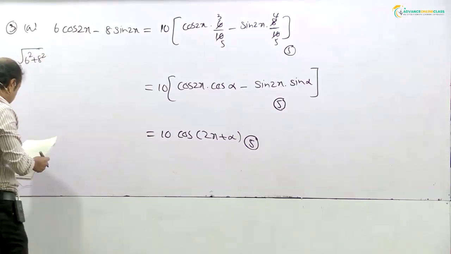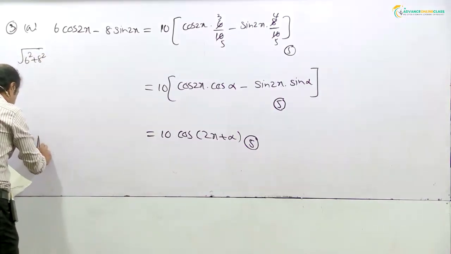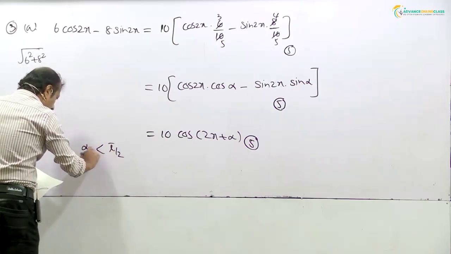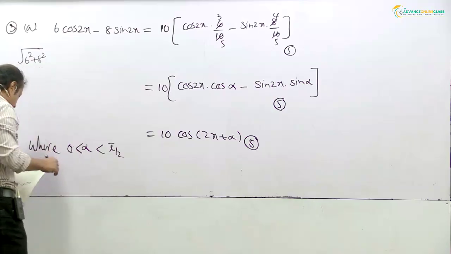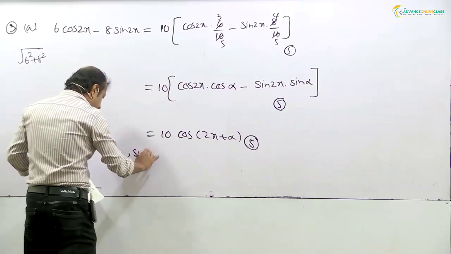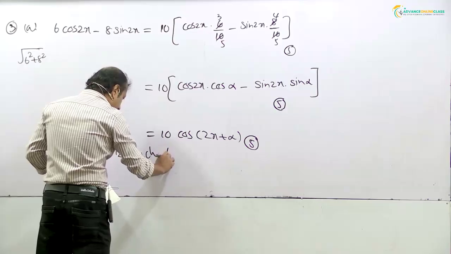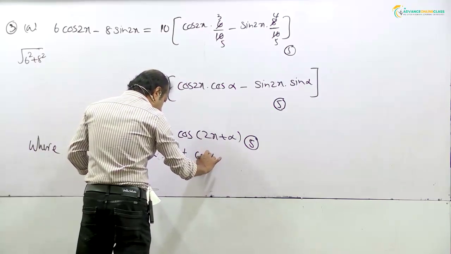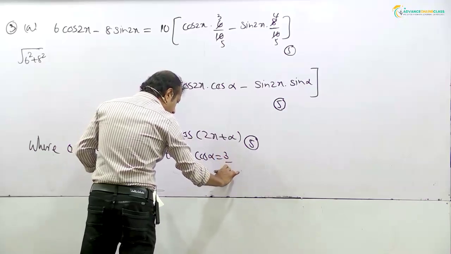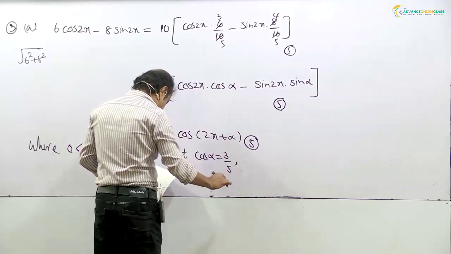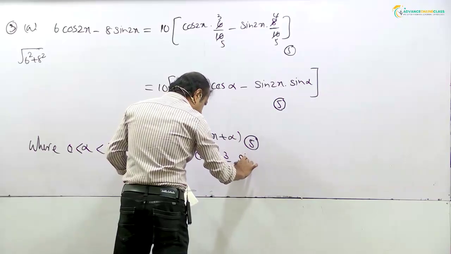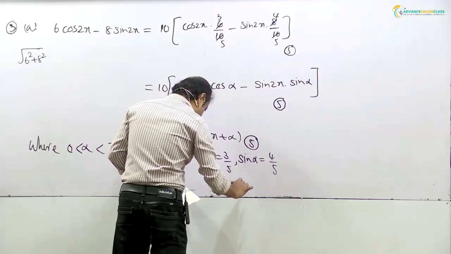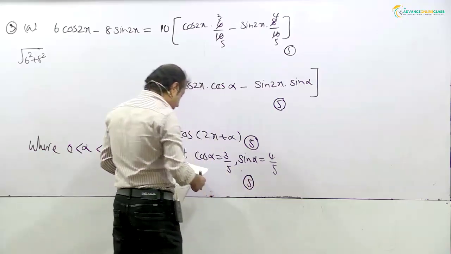Then we must write that too: where alpha is less than pi by 2 and greater than 0, in the first quadrant, such that cos alpha is 3 by 5 and sin alpha is 4 by 5. This is 5 marks.